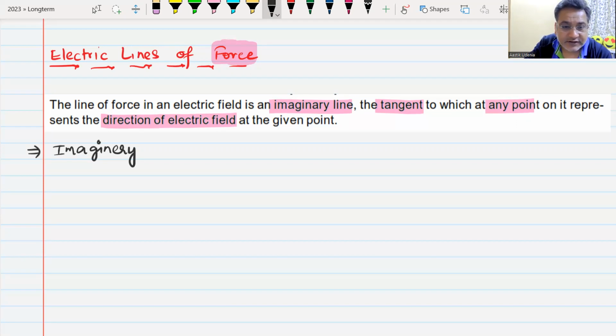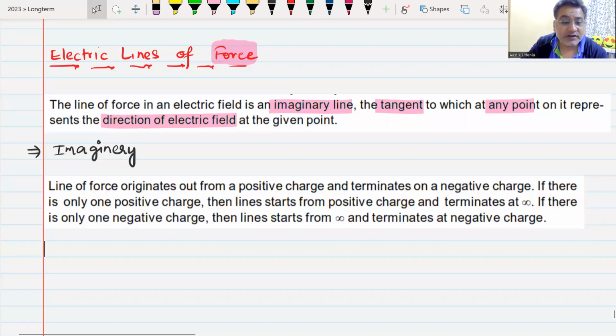Now, these electric lines of force or electric field lines always start from a positive charge or originate from a positive charge and they terminate on a negative charge. Do we understand this? Electric field lines are supposed to be starting from a positive charge and finishing on a negative charge. Do we understand this?